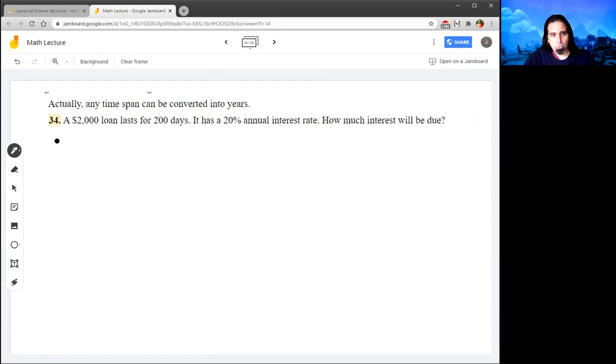So now we have our $2,000 loan, 20% annual interest. So that's going to say at the end of the year, what is 20% of 2,000?